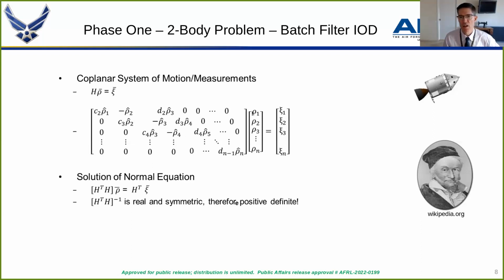This column vector here is the unknown scalar values for each unit vector, and the right-hand side is basically the position vector of the asteroid in this case, or whatever object we're navigating off of. In summary, this is a solution of the normal equation we form here, which is a happy result because we have real and symmetric, therefore it's positive definite. Therefore, we had a good chance of it converging when we get close enough to the truth.